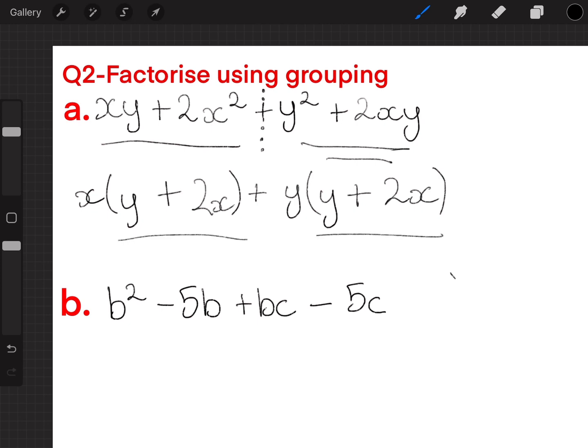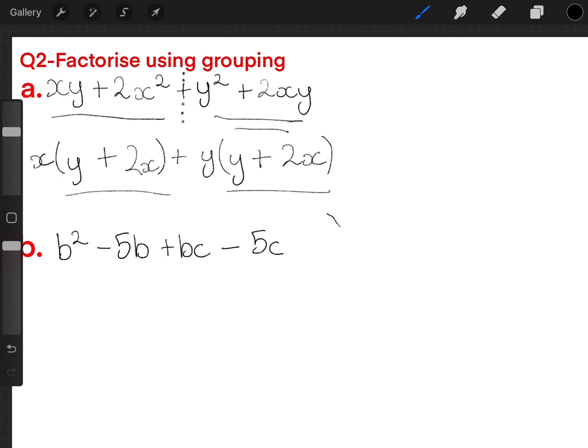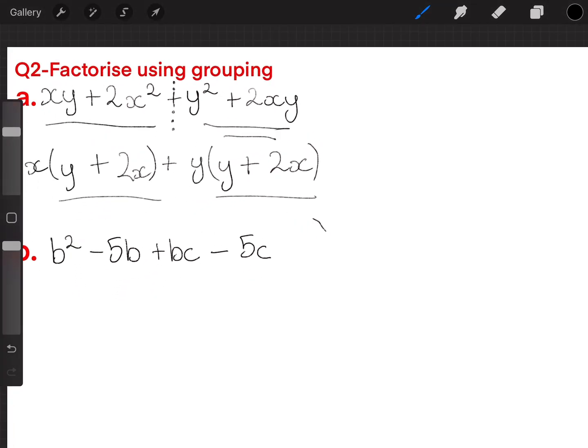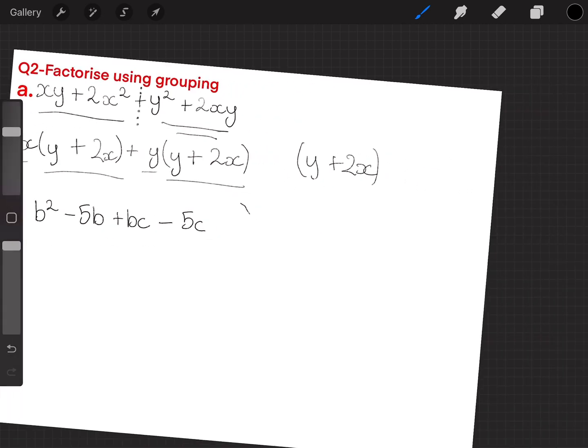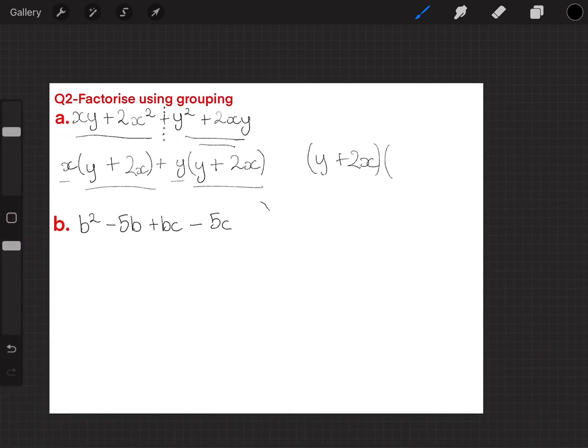So those two brackets are the same. The expressions in the brackets are the same. So we'll have to write a next separate bracket with y plus 2x, and then another bracket with x and y in it, because those are the extra ones, and this is how you do grouping. So x plus y in another bracket.